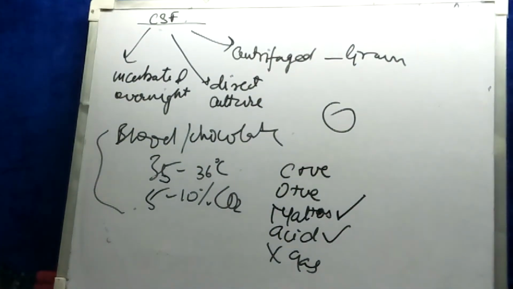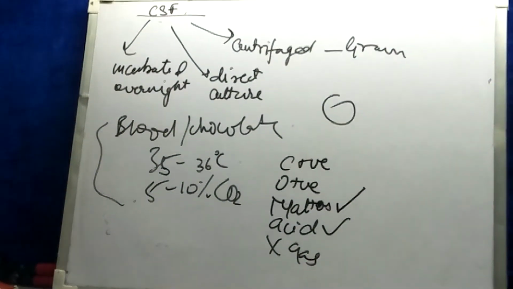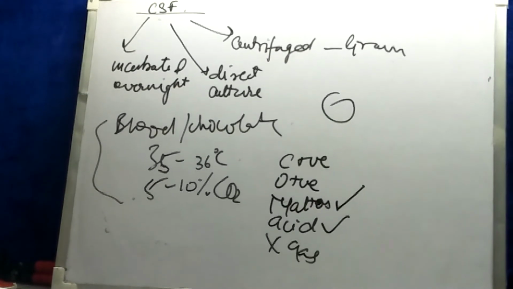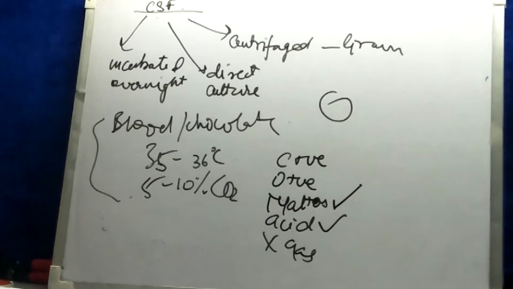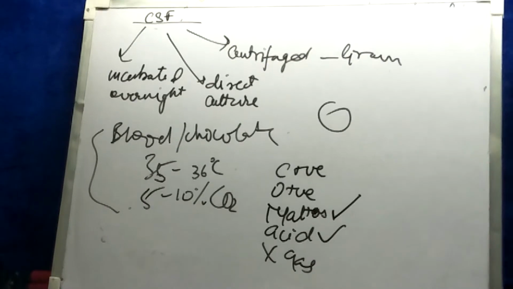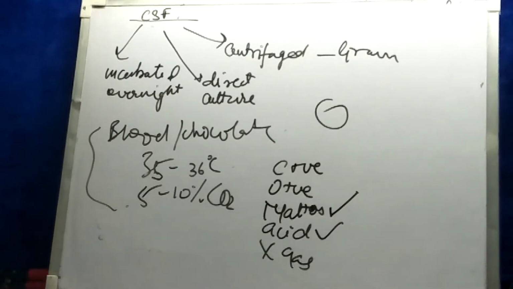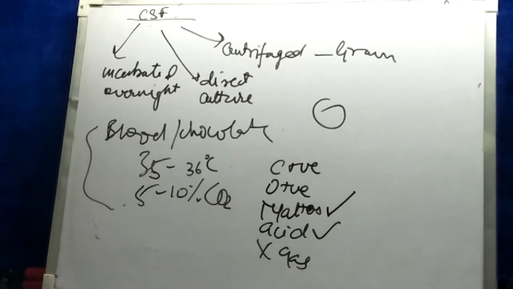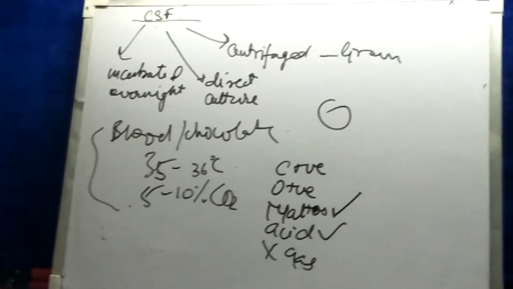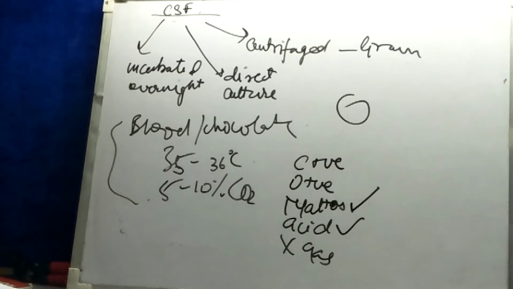A slide agglutination test can be done. Serological tests can be done for chronic meningococcal septicemia, and PCR can be done to amplify the DNA of meningococcus, and then seen further.